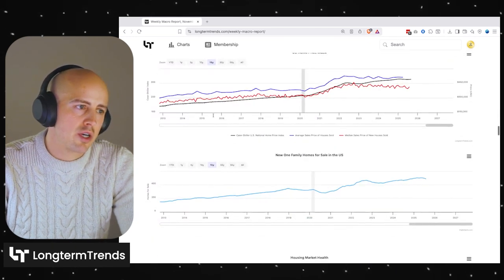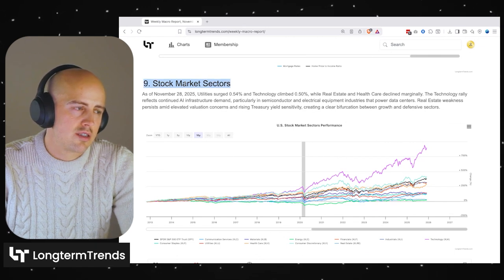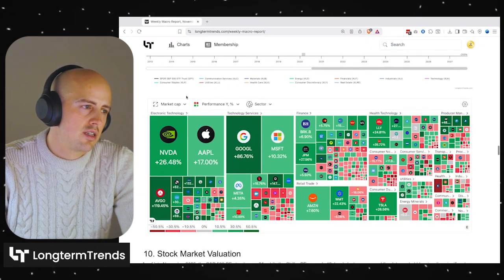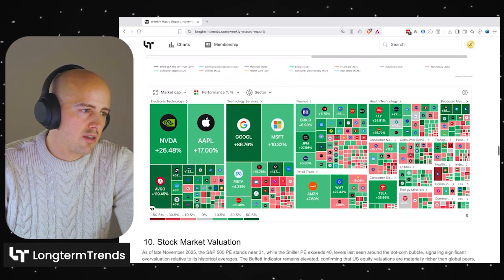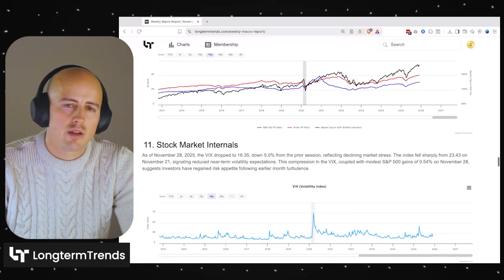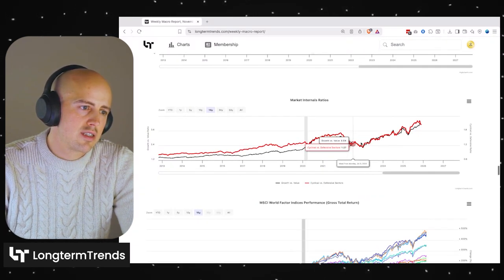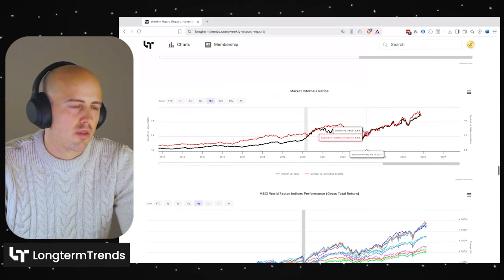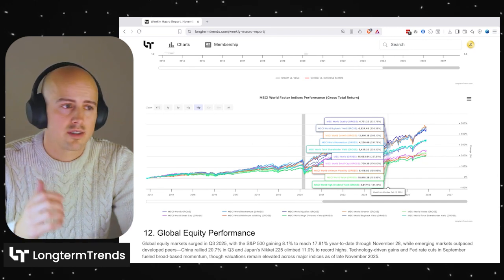Charts about the housing market. Charts about stock market sectors. This is a TradingView chart as well, which I really like. Different stock market valuations, internals such as the VIX, growth versus value, cyclical versus defensive, and then different factors.